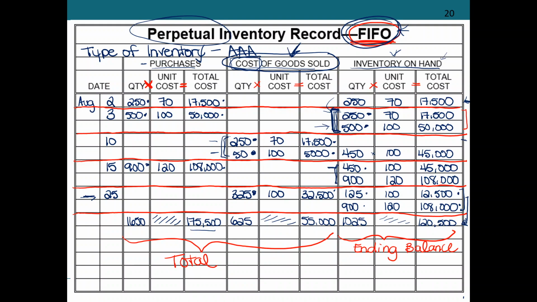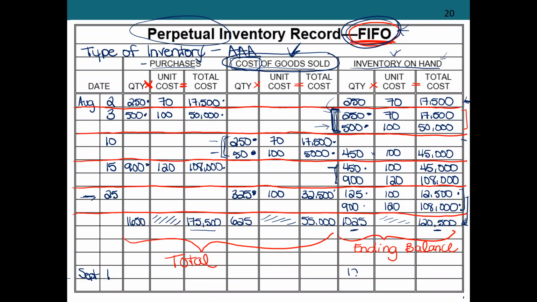I want to make a quick note. The ending balance that we showed here is a summary of the total cost and the total quantity. But when we start the next month, let's say we're done with August and now we start having transactions in September, you would start on September 1st and break out the ending inventory again.